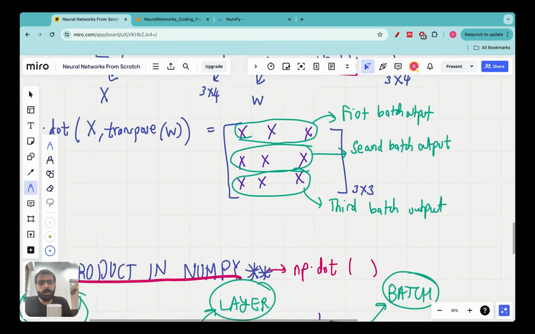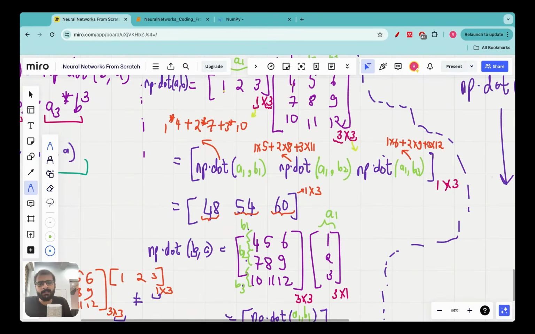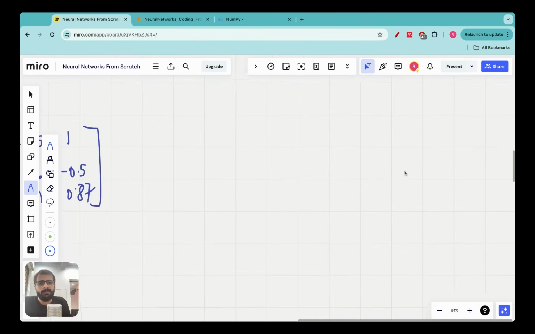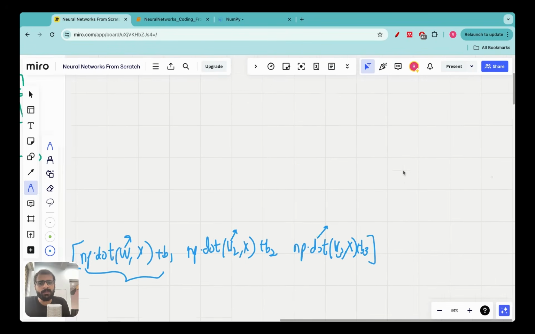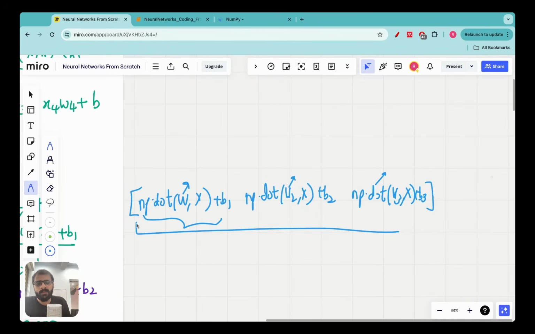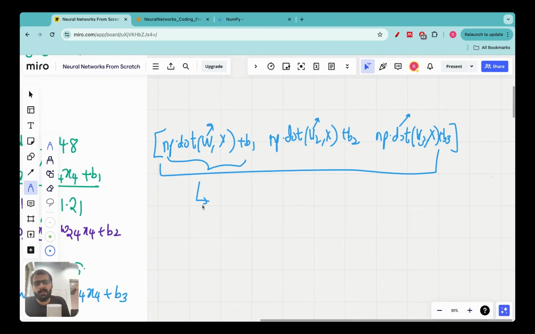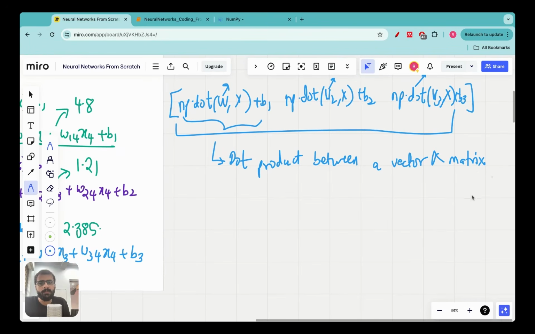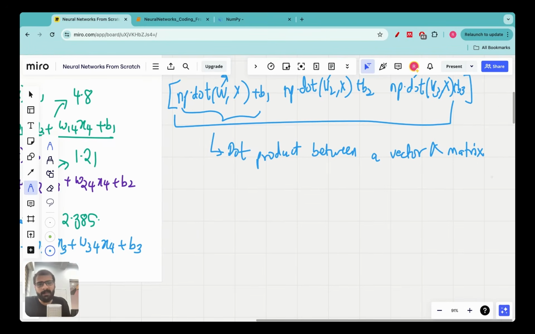Remember when we looked at the dot product between a vector and a matrix? The resultant was three dot products like this. So what if these three dot products which we saw here can be written as the dot product between a vector and a matrix? What if it can be written like this?